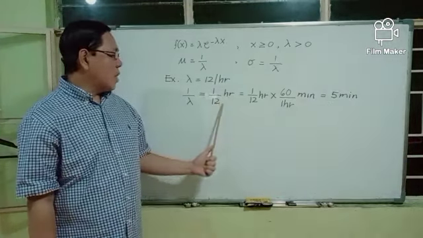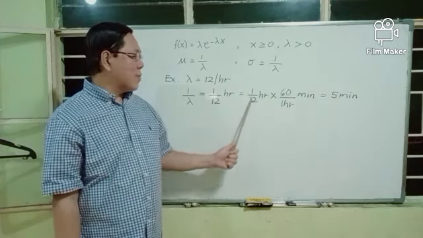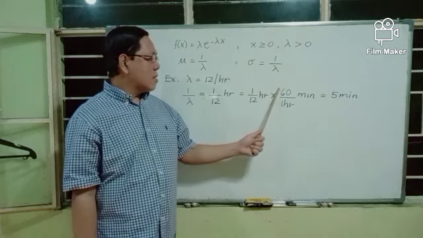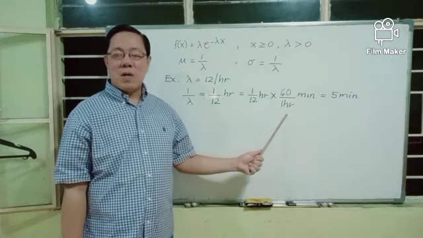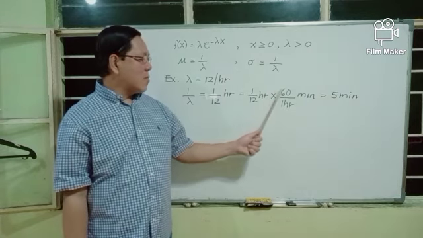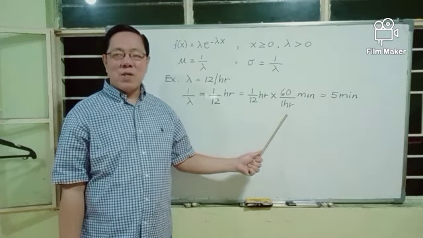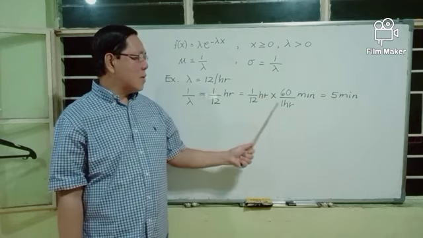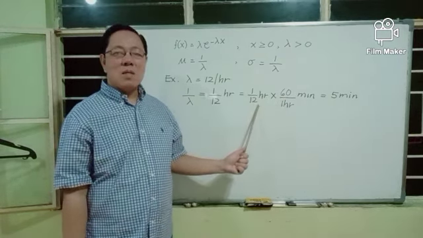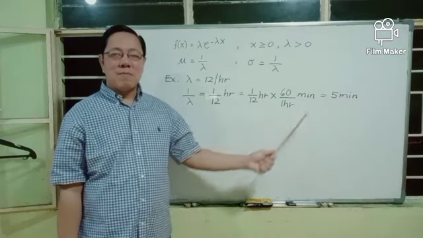If we convert 1 over 12 hour to minutes, we multiply 1 over 12 hour by the conversion factor 60 minutes over 1 hour, because 1 hour is equal to 60 minutes. The 1 hour here will cancel out, and you get 60 divided by 12, which is 5 minutes.